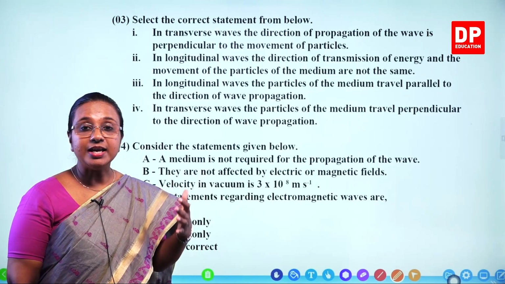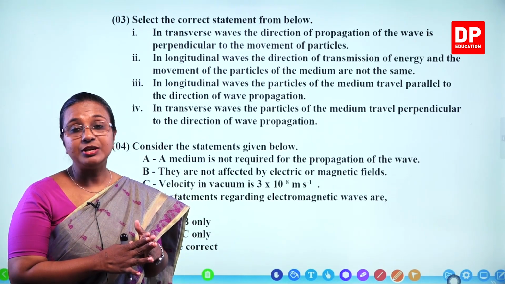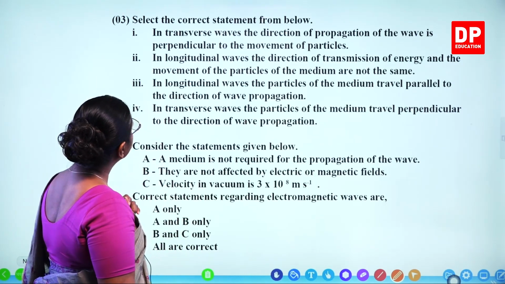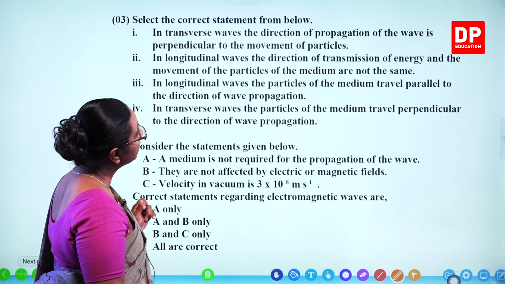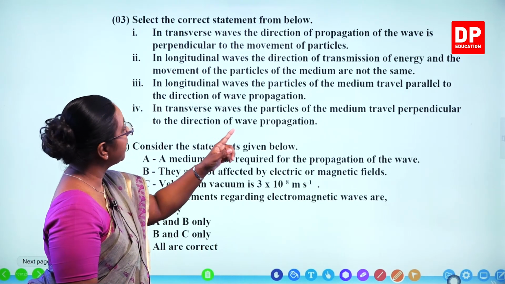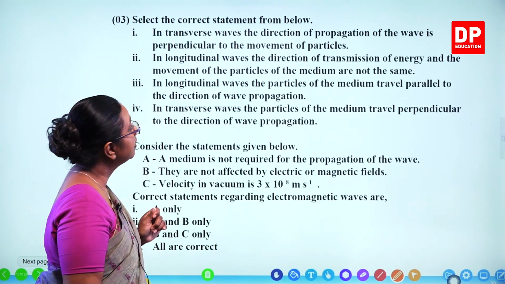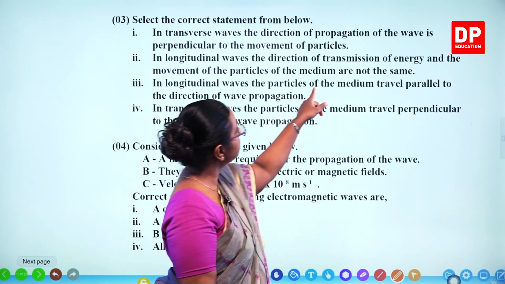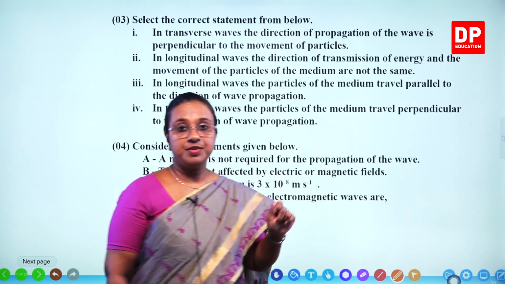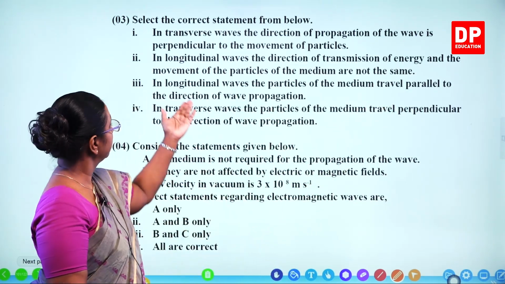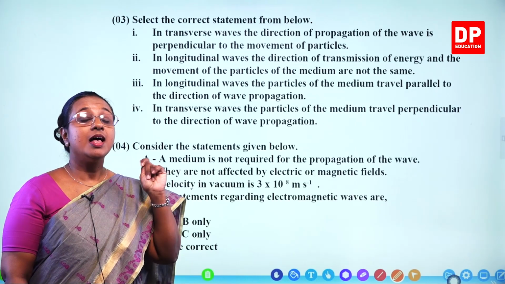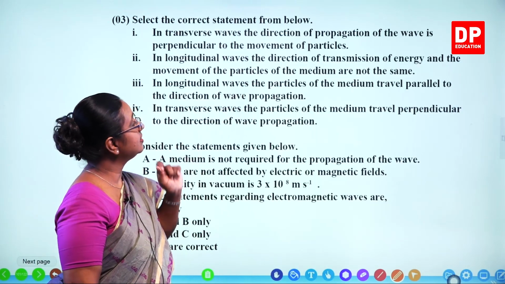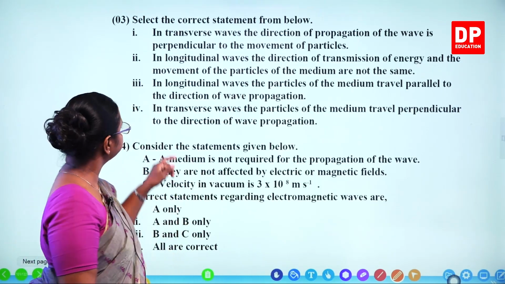That is wrong. Why? Both are parallel to each other. So it's in the same direction.